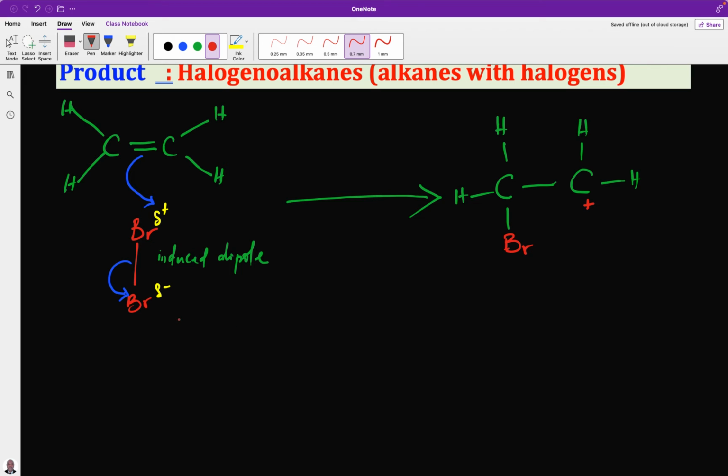Meanwhile, the bromide that goes with the double electrons will be formed here. This is it here. This is an intermediate.